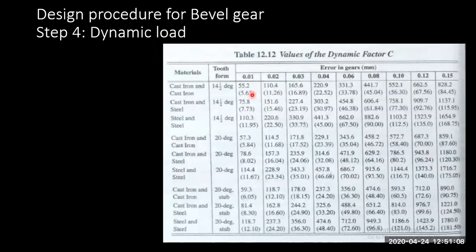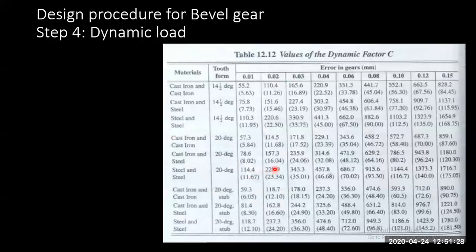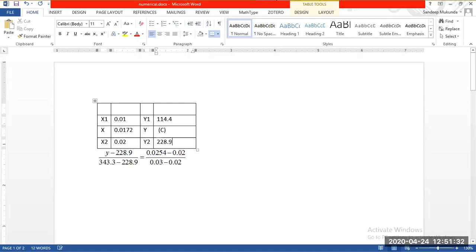For form gears, steel and steel, at 0.01 we have 114.4, and at 0.02 you have 228.9.